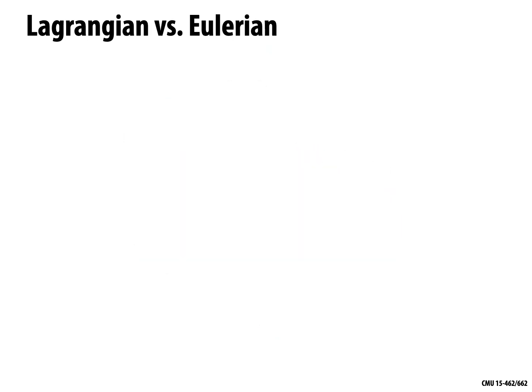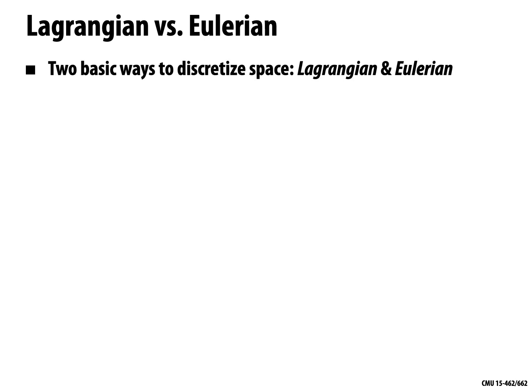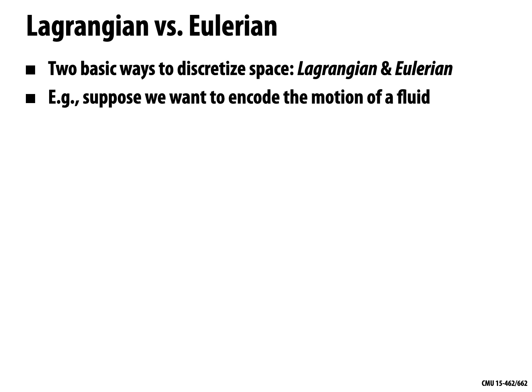Okay, so there are a lot of different ways that we could discretize our spatial derivatives. A lot to talk about there. One basic distinguishing feature of how we're going to break up space is to talk about Lagrangian versus Eulerian discretization. So a good example is, suppose we want to encode the motion of a fluid, right?